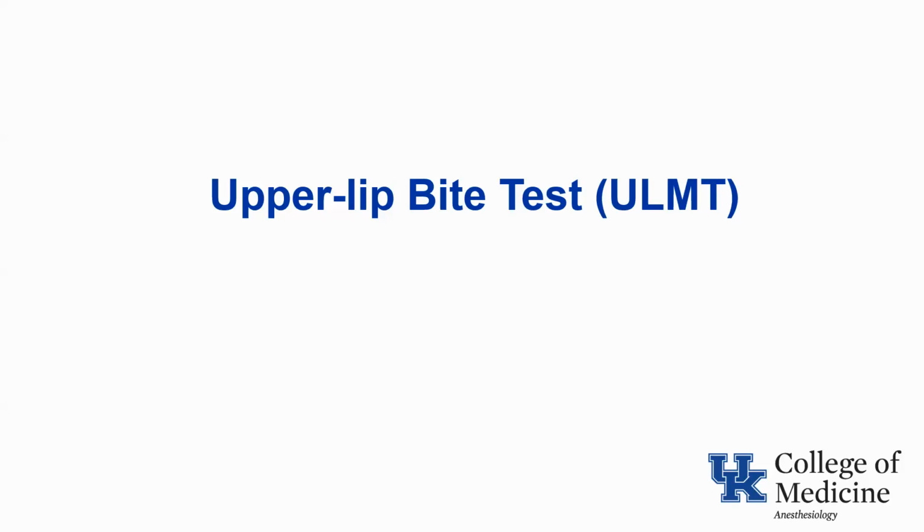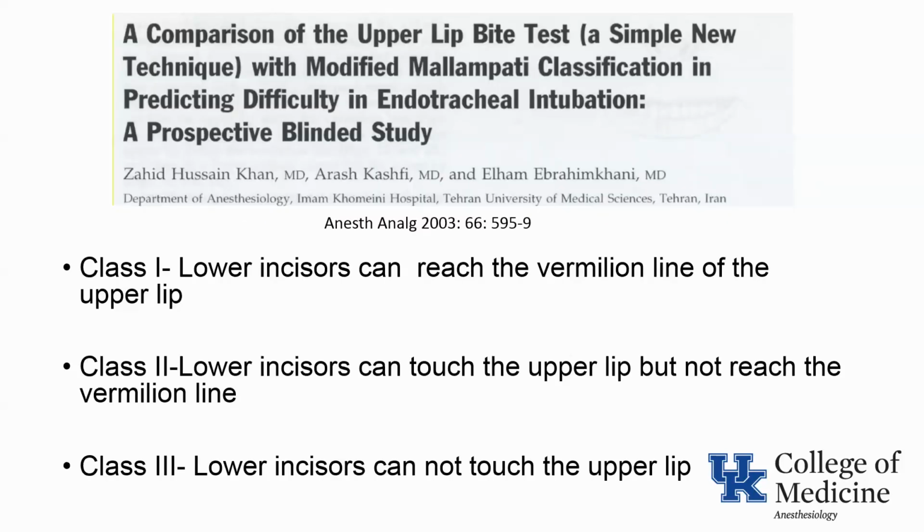Another helpful test is the upper lip bite test. This was described by Dr. Khan, and this is the classification. Class 1, if the lower incisors can cover the vermilion line. Class 2, if it can touch the upper lip but not reach the vermilion line. And Class 3, when it cannot touch the upper lip.